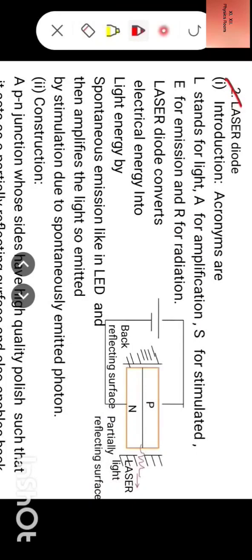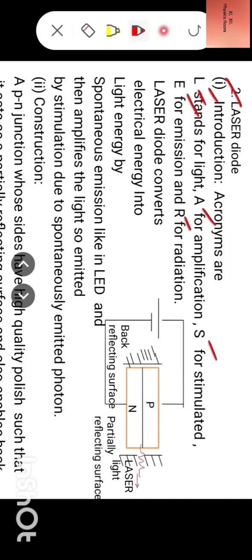Second, laser diode. Now we talk of laser diode. Introduction. The acronym: L stands for light, A for amplification, S for stimulated, E for emission, and R for radiation.